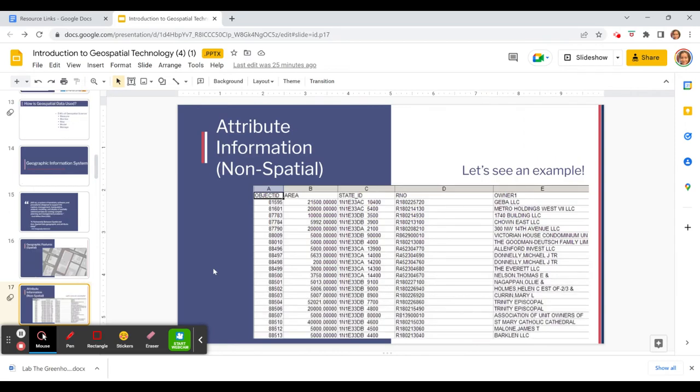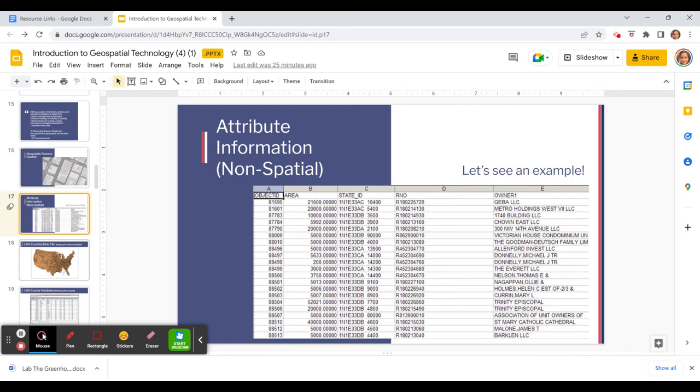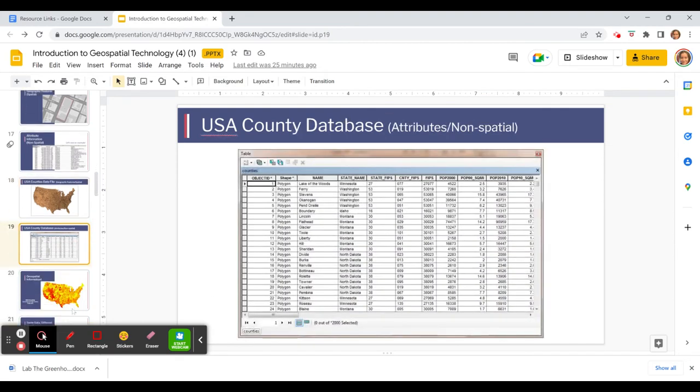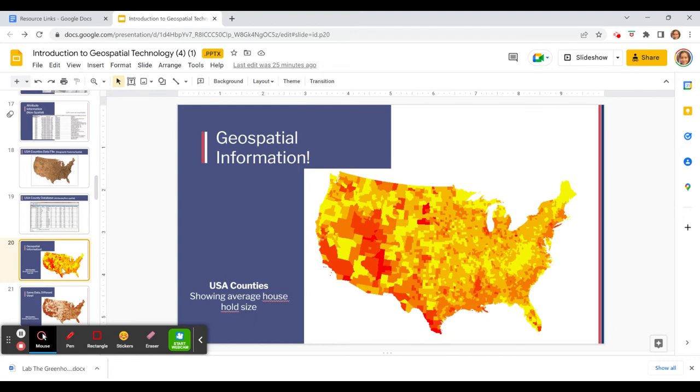It visualizes these things. For example, here is an example of a spreadsheet. This is data. It's non-spatial. You can't see a map with this, can you? But yet this is helpful informational data. Then we add the map, the spatial aspect. You take both of them, you put them together.